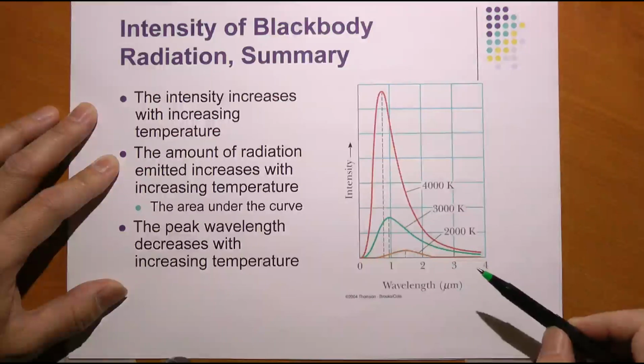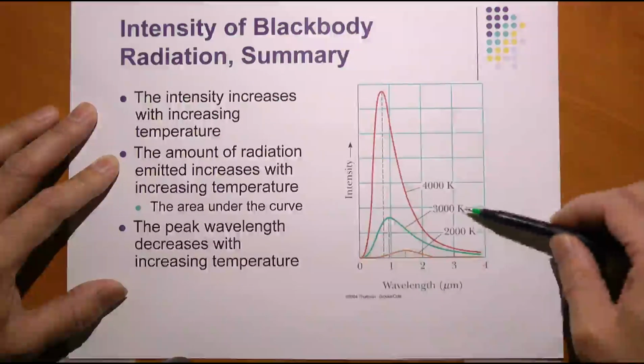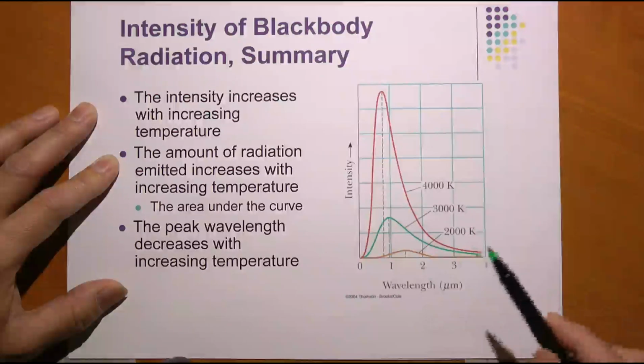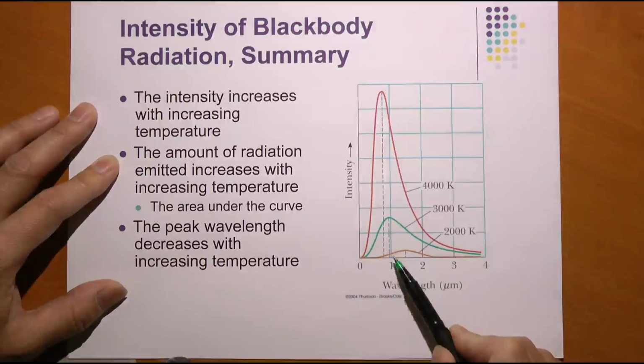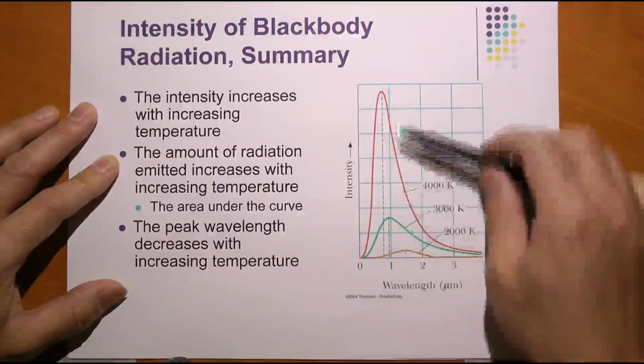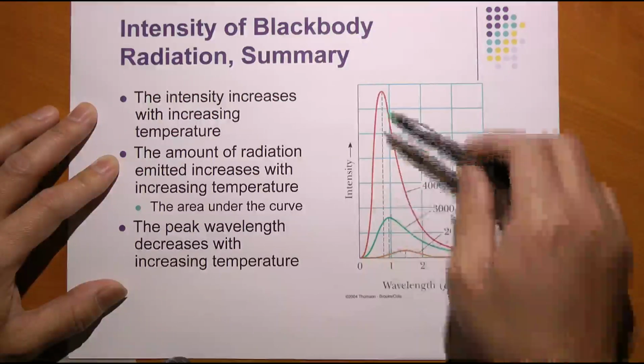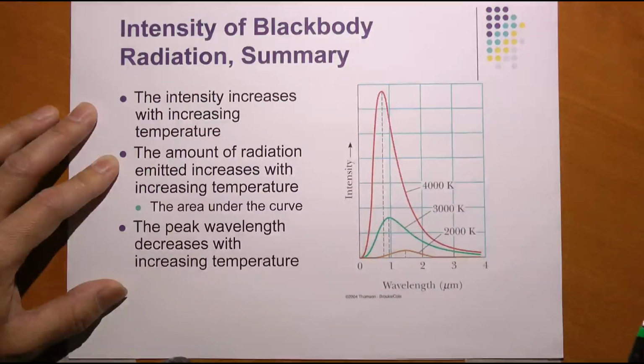Another thing is that the peak wavelength also changes as the temperature changes. Going from 2000 to 3000 to 4000 Kelvin, the most prominent radiation frequency increases, so the wavelength at the peak drops. It becomes shorter. So this is the summary of the experimental findings.